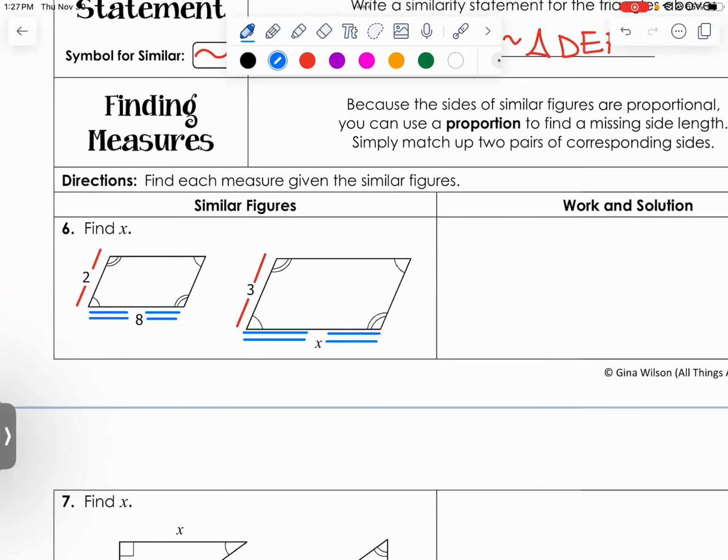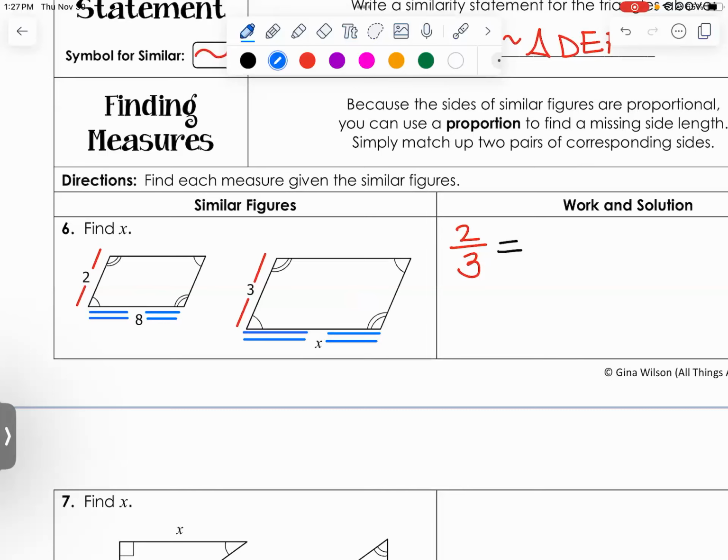Now we're going to actually write a proportion. I'm going to write 2 over 3 equals. If I write 2 over 3, what fraction am I going to write on the other side?